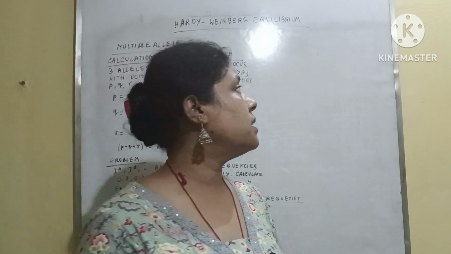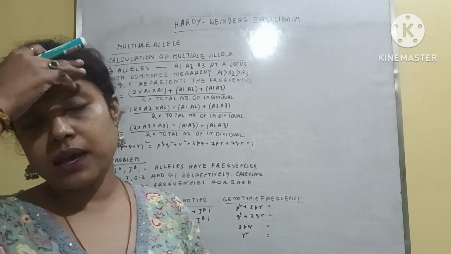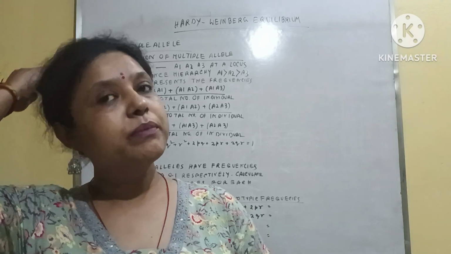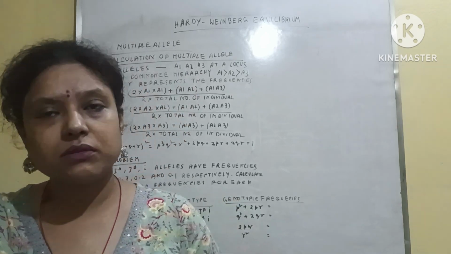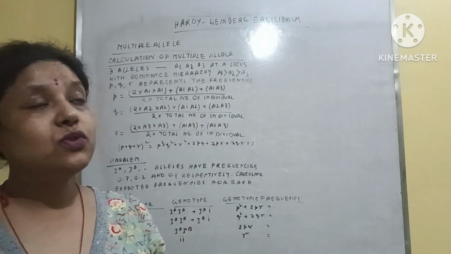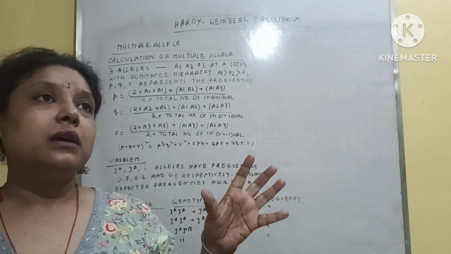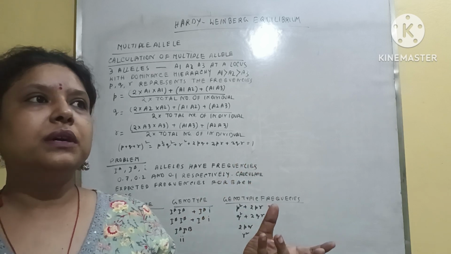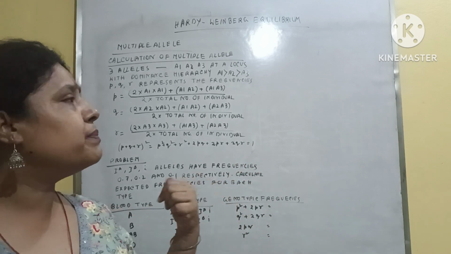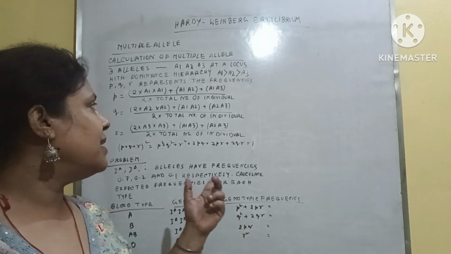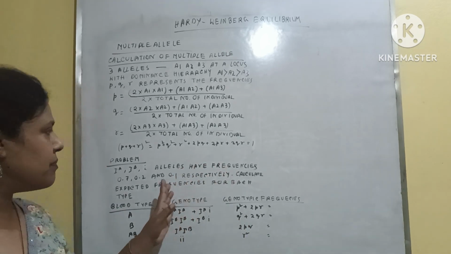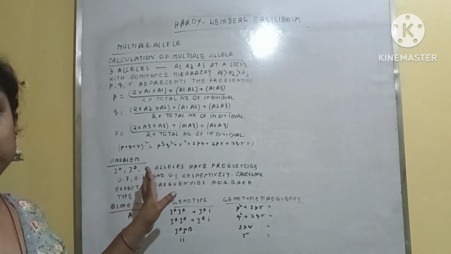Hardy-Weinberg. And Hardy-Weinberg equilibrium I have already explained in my previous video, so you just check out that one. Here I will try to explain the calculation of the frequencies in multiple alleles. Here I have taken one example, that is blood group, human blood group.